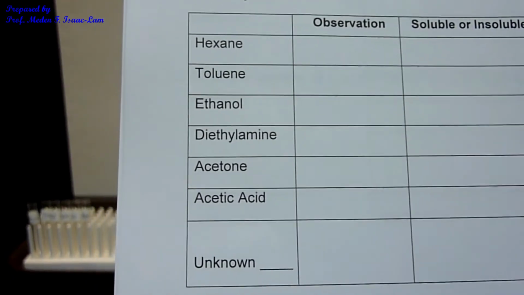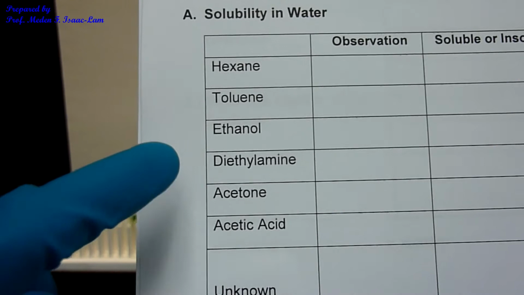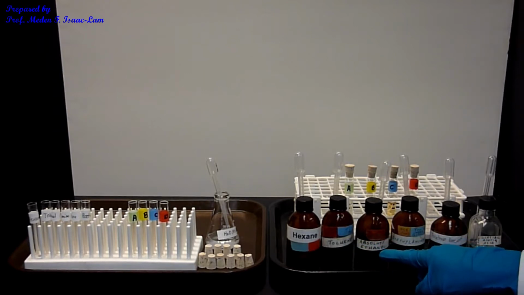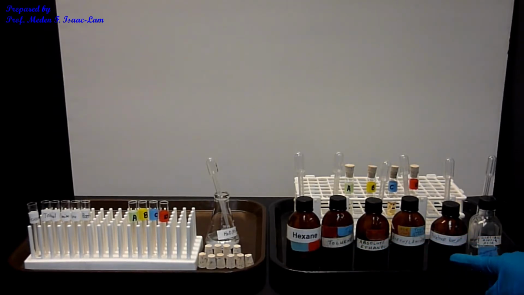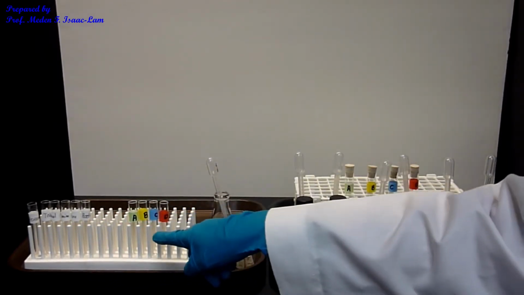We have 6 samples: hexane, toluene, ethanol, diethylamine, acetone, acetic acid. I already have 6 tubes here, and we have 4 unknowns.